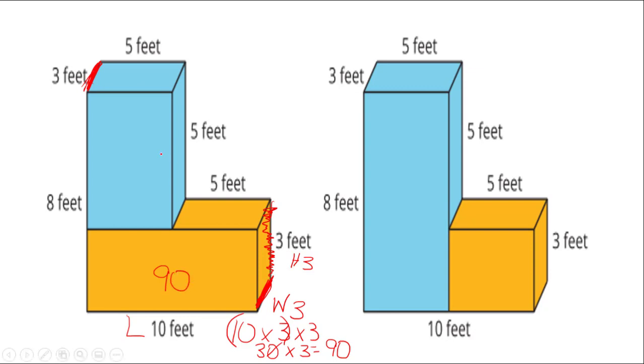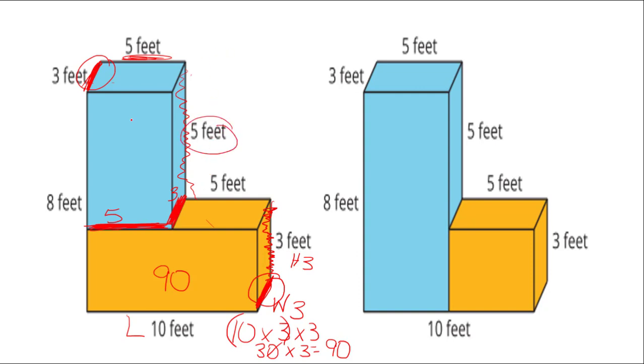Let's look at the top one. Okay, so we have our length would be here. Well, that's not marked, so where could I find it? Well, it has to match the top. So my length would be 5. What about my width? Well, this width has to match this width, and it has to match this width. So we know this width is 3, and our height is 5.